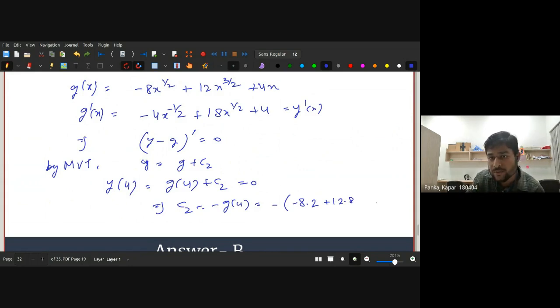And then we have 4 times x, so 4 times 4, 16. Let's simplify this. This 16 will just cancel with this one, and then we'll have just 12 times 8, which is 96. So we got the second constant also.